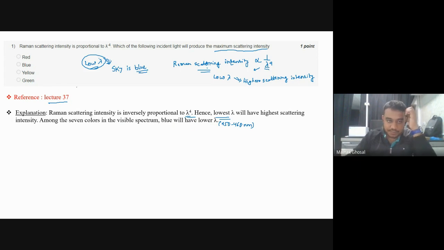In VIBGYOR, as you go from left to right, your lambda increases. So red will have the highest lambda, and violet or blue will have low lambda. So the answer is blue.